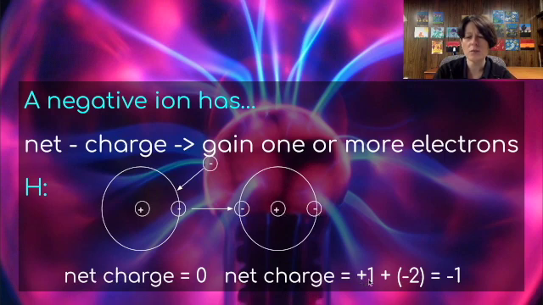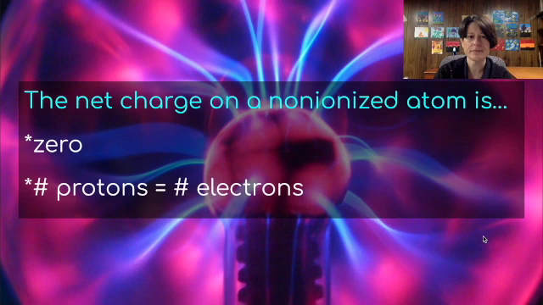Well, a +1 charge plus a -2 charge is -1. And so the overall charge on this ion is -1. It is a negative ion. And the net charge on a non-ionized atom, as we can see, is 0 because the number of protons equals the number of electrons.